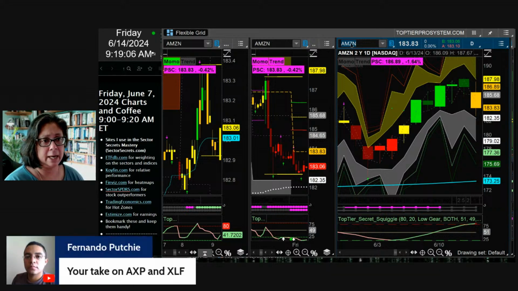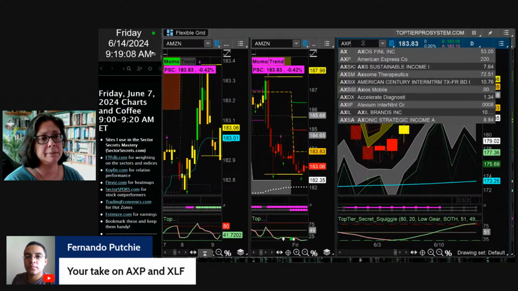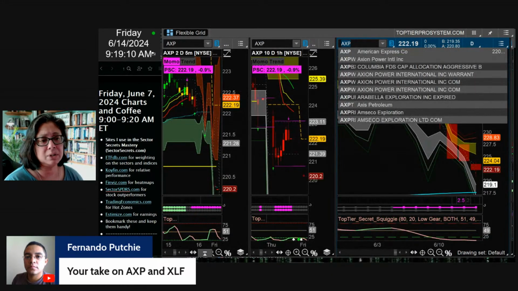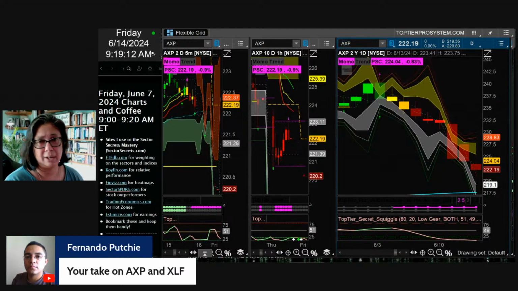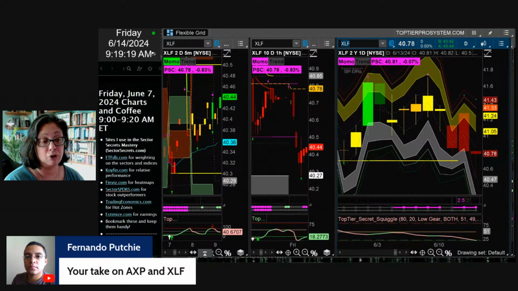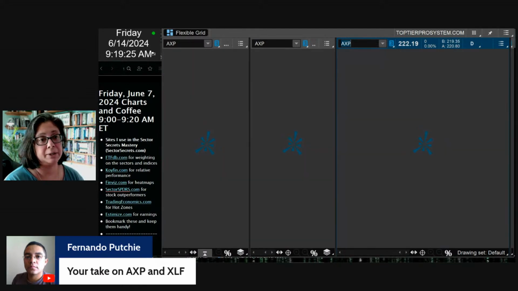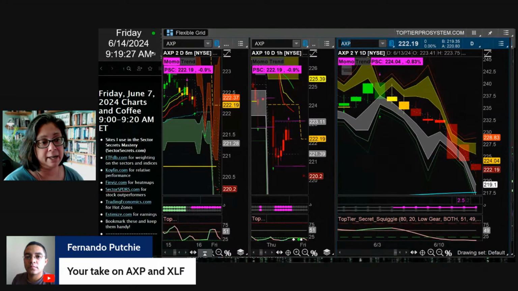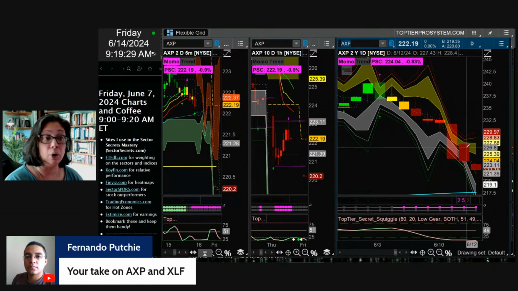What is my take on American Express? Most of financials I have very little to no interest in right now. I don't want to be bearish in financials generally because the S&P is strong, but the Dow is weak. So there's two choices here. Where we're plotting red candles like in American Express, we can take advantage of where the red meets the gold.